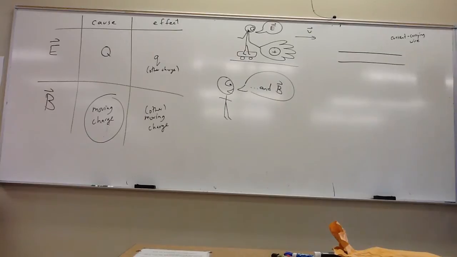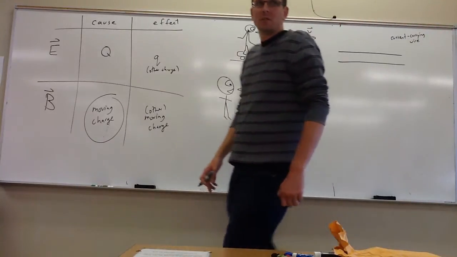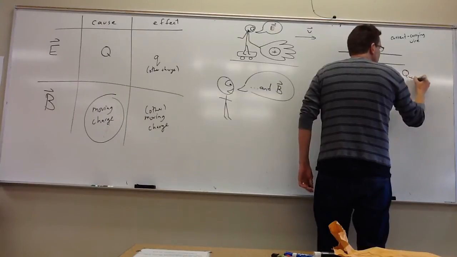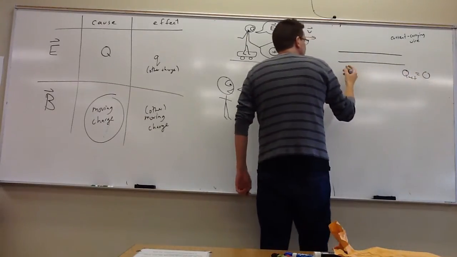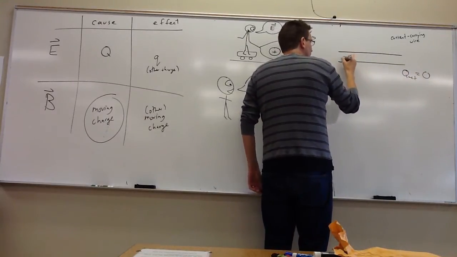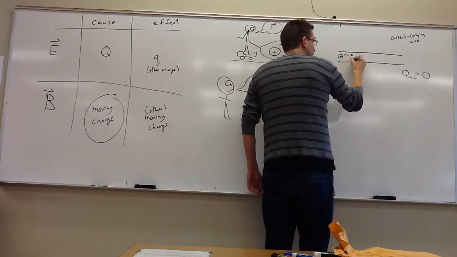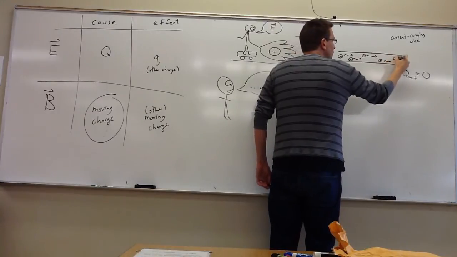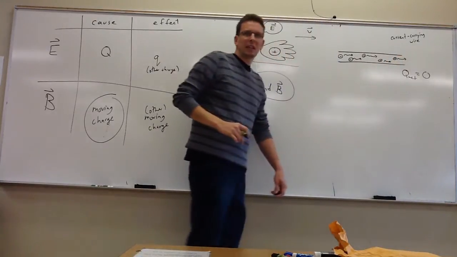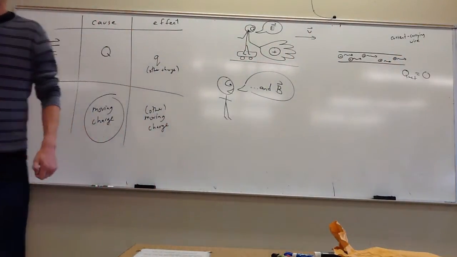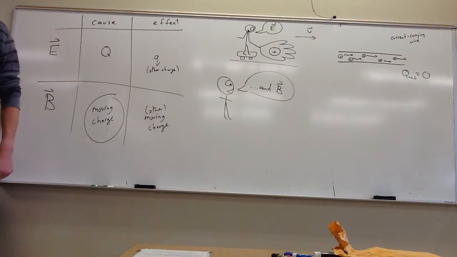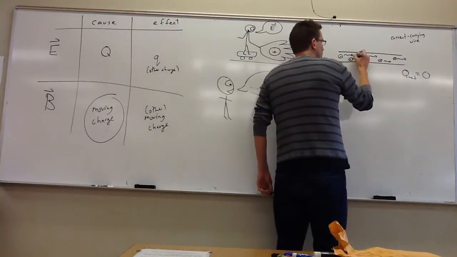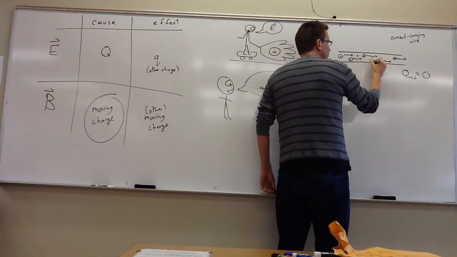A current carrying wire generally has no net charge. And the reason why is because it has, of course, a bunch of electrons that are flowing. But it basically has an equal number of positively charged nuclei that they're flowing past.